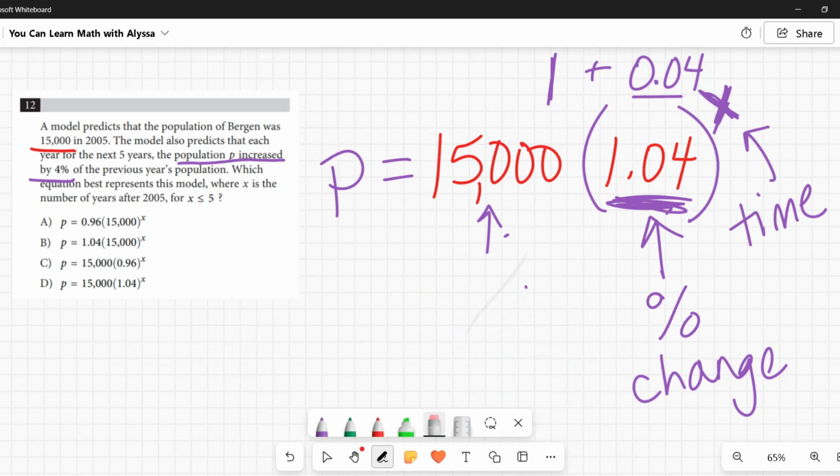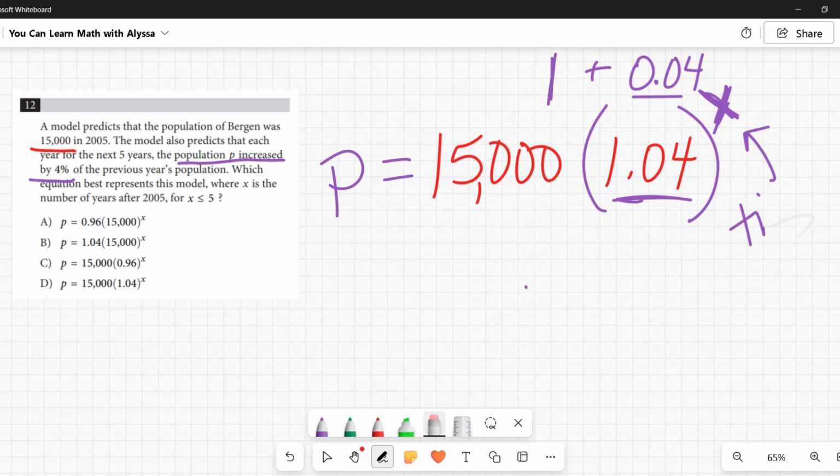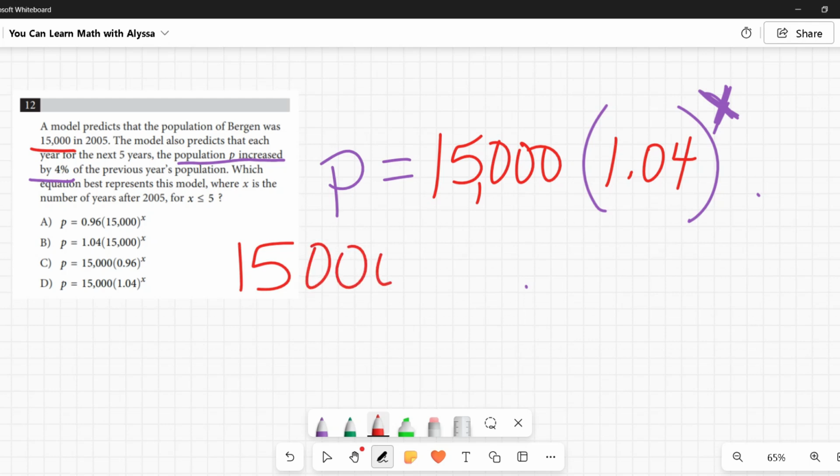Now the reason this works, think about if I expanded this. Like why does it work to have 15,000 times 1.04 to the power of x? It increased by 4%. Okay, so in the first year, it would look like this. 15,000, if you were just doing this manually, right? You didn't have this little formula. You'd say, okay, in the first year, it increased by 4%. So I could multiply 15,000 by 4% and then add that to 15,000.